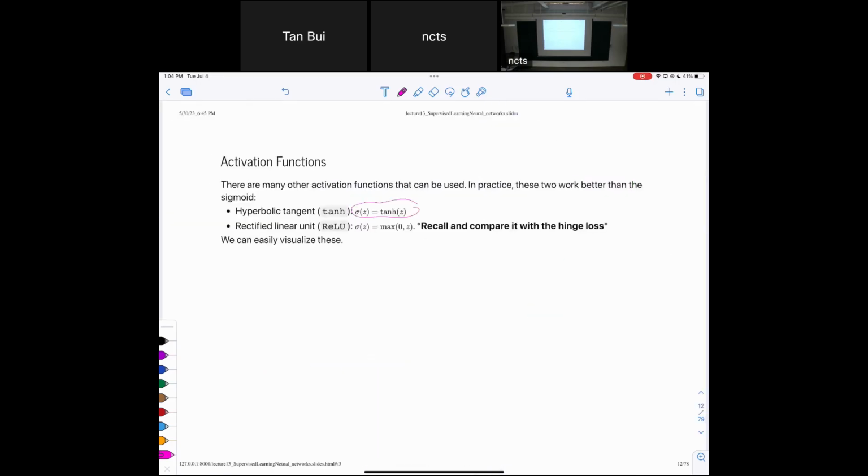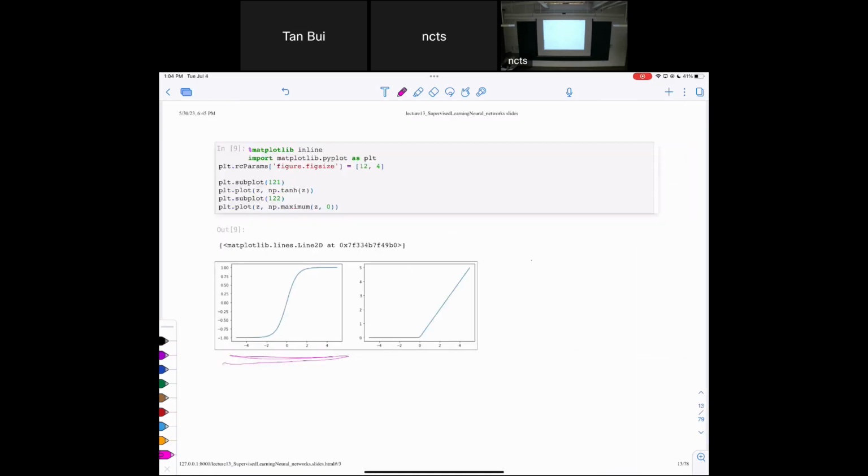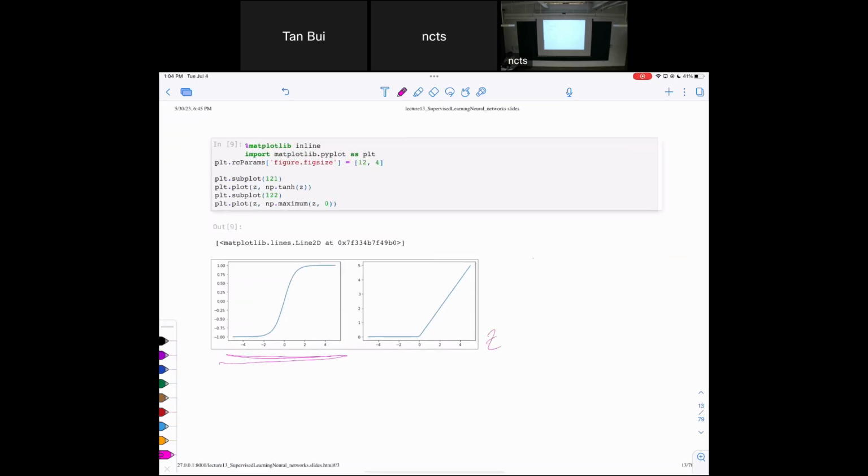But the ReLU function is interesting. It takes the maximum of zero and the input z. Basically, this function keeps the positive part of the input, right? This is z, and this is a max of zero and z, right?